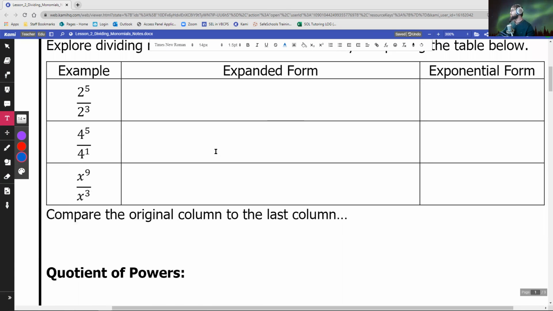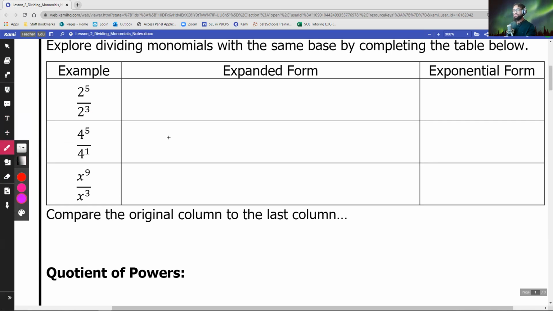But here's where the new stuff starts to come in. When we start to look at this table and see what this looks like with these quotients, that's what it is when we have a number over another number, when we have division happening. It's called a quotient. When we look at this first example, we see we have 2 to the 5th over 2 to the 3rd.